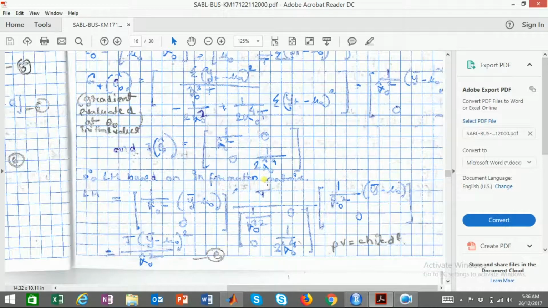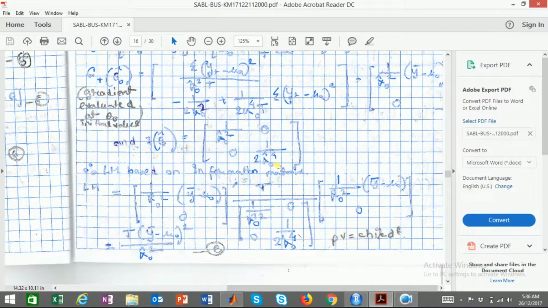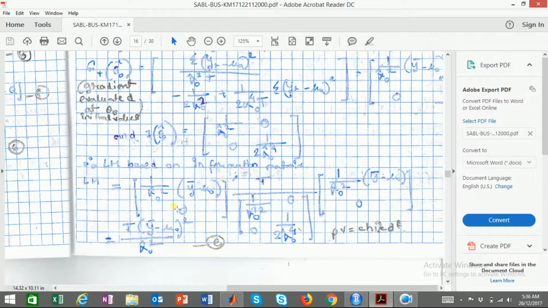So the Lagrange multiplier based on the information matrix looks like this: the gradient y minus mu naught divided by sigma naught square, with inverse and without inverse, and in case of normal distribution, T divided by the information matrix.